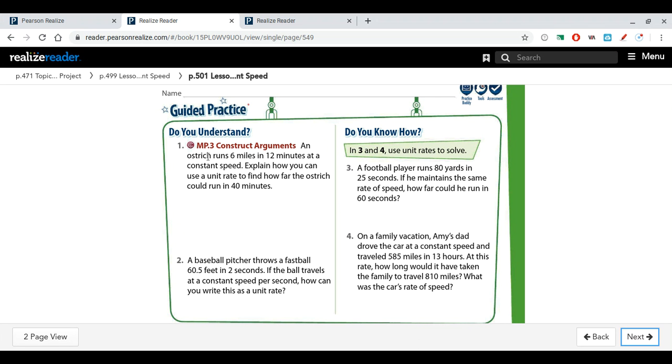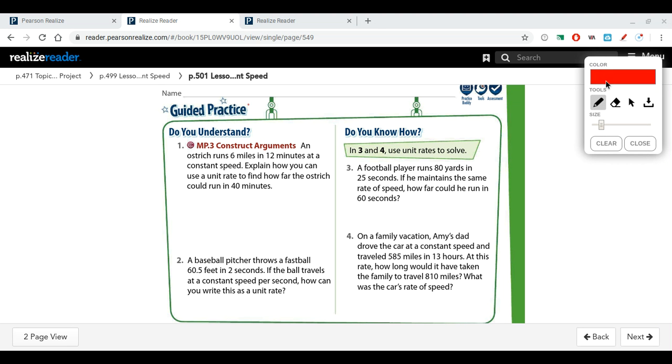Okay, so number 1 says an ostrich runs 6 miles in 12 minutes at a constant speed. Explain how you could use unit rate to find how far the ostrich could run in 40 minutes. So if we take a look at this, the first thing I'm going to do is find the unit rate by doing 6 miles divided by 12 minutes. So here's my rate.